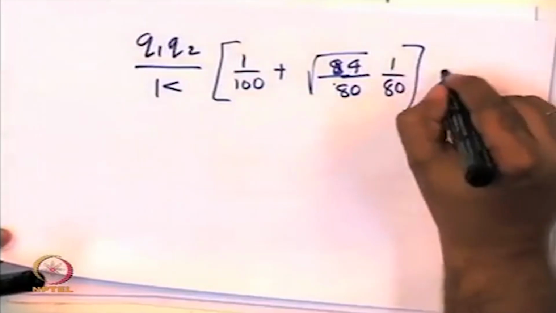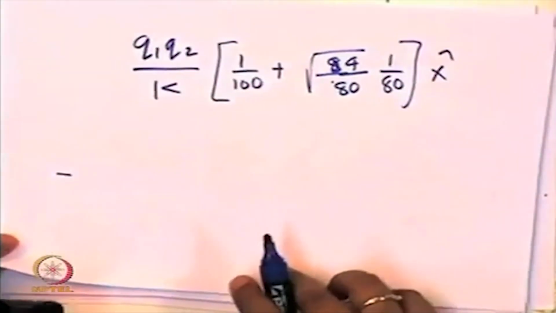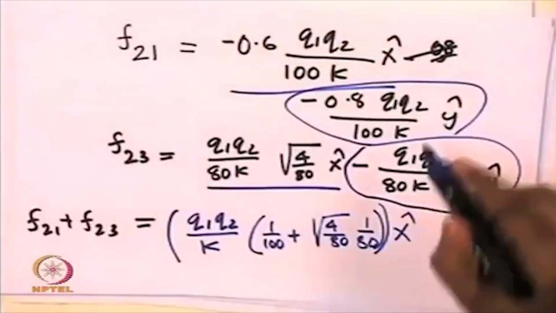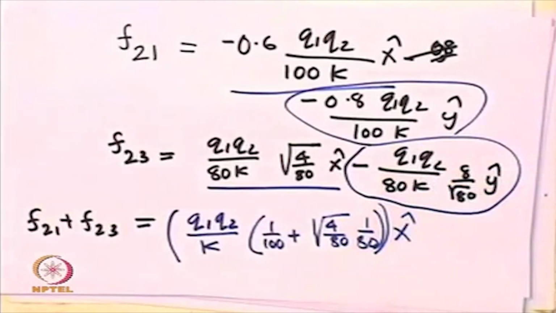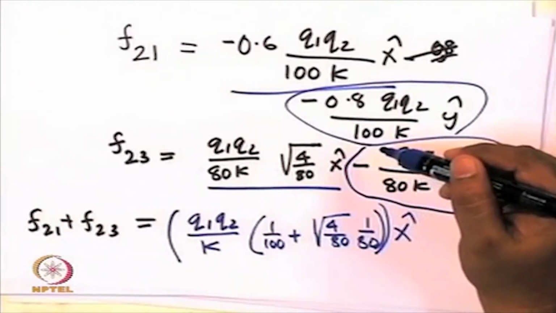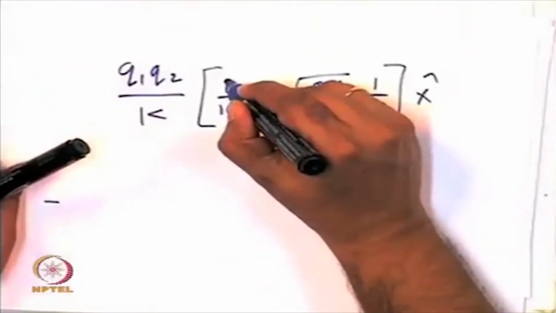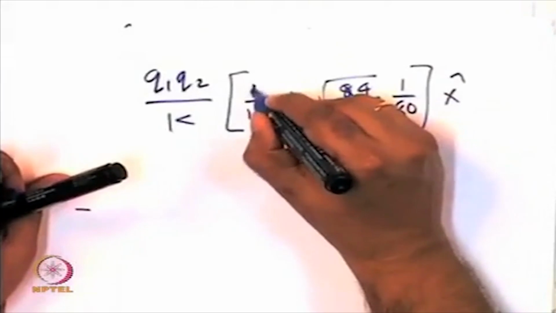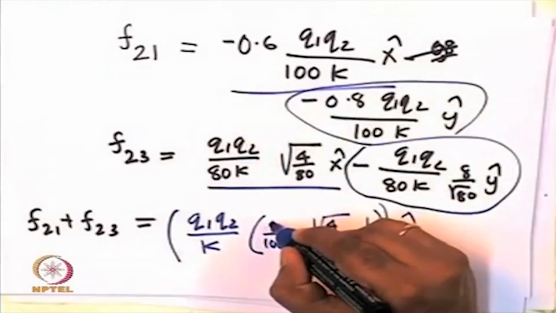This is along the x axis, minus along the y axis. We had q1 q2 by k here also, and there is a 0.8 by 100. Actually, there is a 0.6 here, because there is a q1 q2 and then there is a 0.6 here.